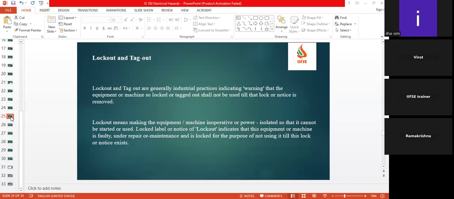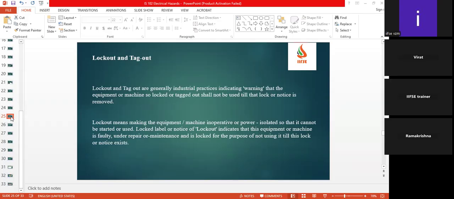So we have to identify all the types of energies connected to that equipment. Then we have to isolate or drain the energies. Then we have to lock. Then the tag will show who has done that lock and his contact number, so that in case of any necessity, they can reach you.